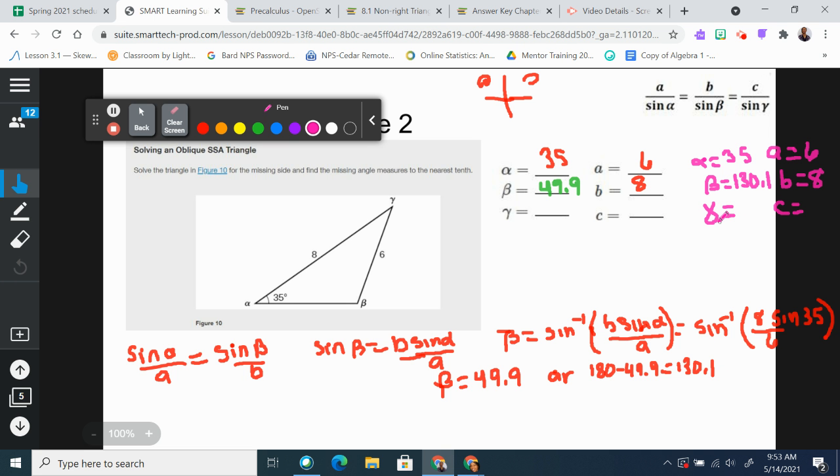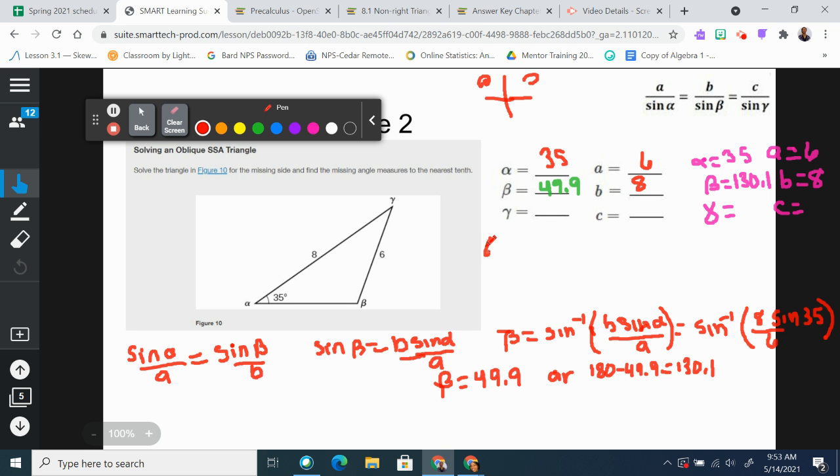So now that we have everything set up, we can start working on our other values, gamma and C. Gamma is actually easier right now because I have two angles in my triangle. I just need to subtract. If I add these together and subtract from 180, I can get my third angle. So for my first triangle, I'm going to switch over to my pen and put gamma.